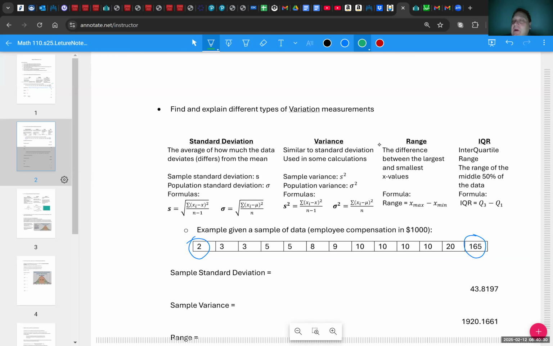So IQR, interquartile range, is basically the middle 50% of the data. A lot of times data is kind of bunched in the middle. If you talk about, I don't know, heights of adult women, maybe the average height of an adult woman in this country is like 5'2" or 5'3". There are a lot of people around that range.